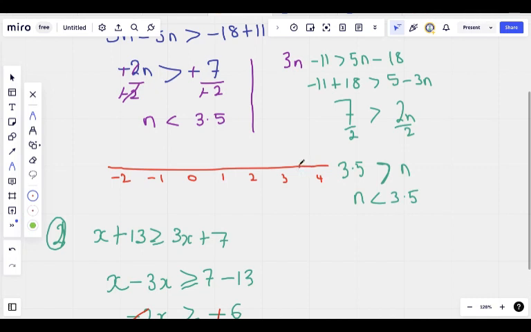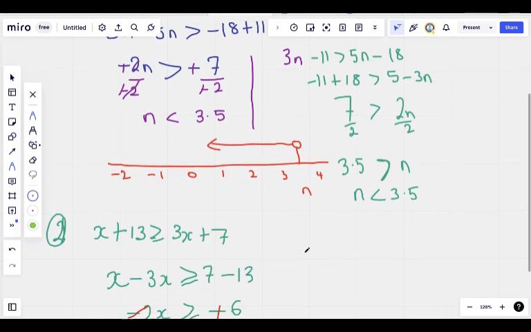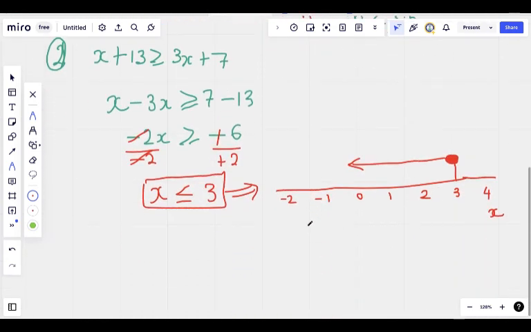So this one, n, is only lesser than 3.5, so we're not going to shade. We'll only draw a small circle here. Because it's lesser than, we go to the left as well. It doesn't matter where you stop, and you just show it with an arrow going this way. So this is the inequality for the first one, and this is the inequality for the second one. Is that okay?